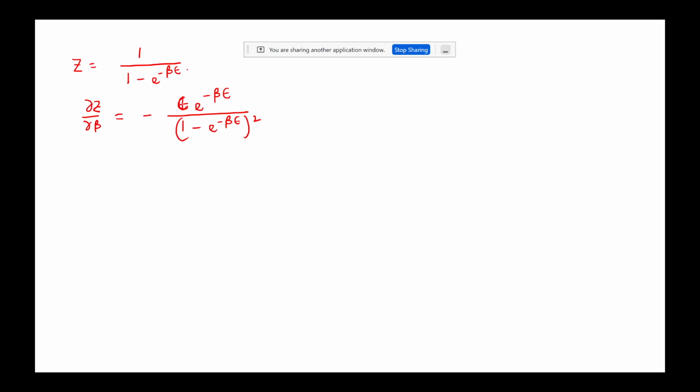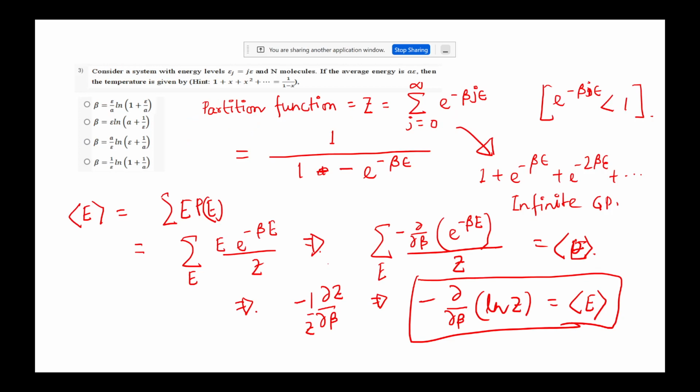This will be the expression, and we know that average energy E is minus 1 by Z del Z by del beta, which is this expression.